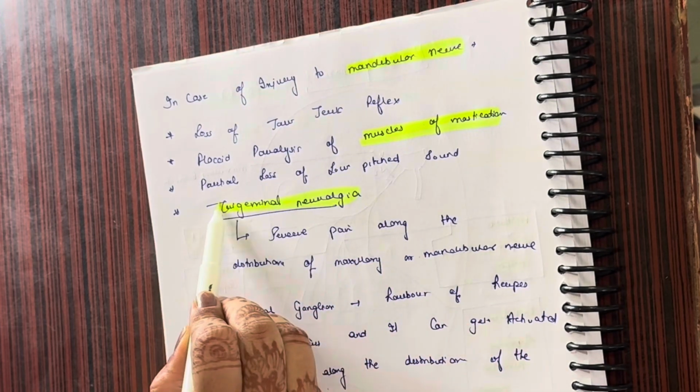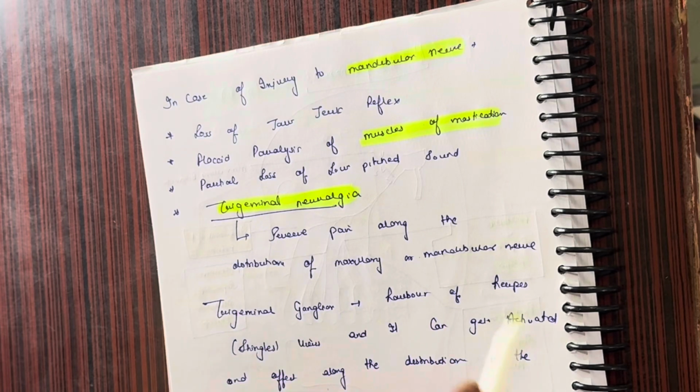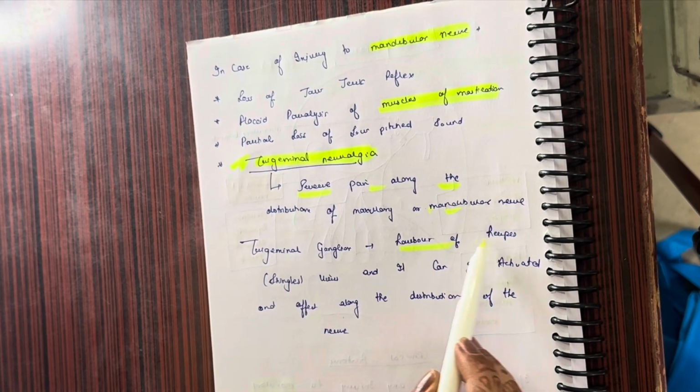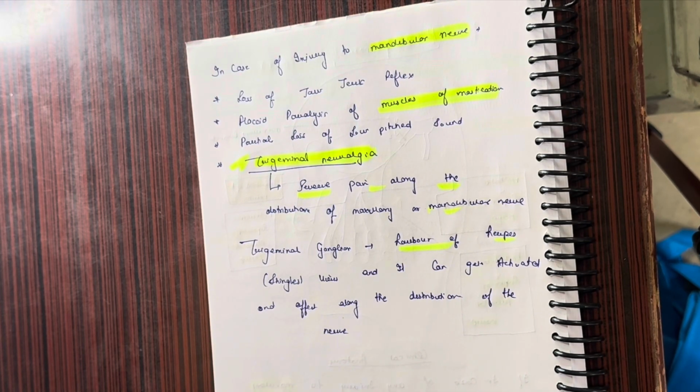Trigeminal neuralgia, again very important and frequently asked, as well as clinically very important, leads to severe pain along the distribution of the maxillary and mandibular nerve. Then we have the trigeminal ganglion, which can be the harbor of herpes virus, and it can get activated and affect along the distribution of the nerve.